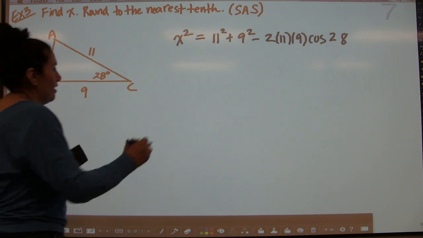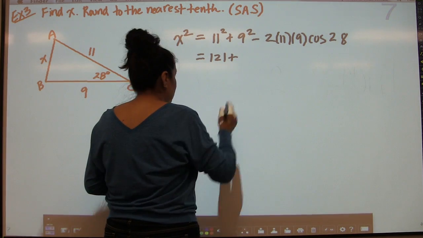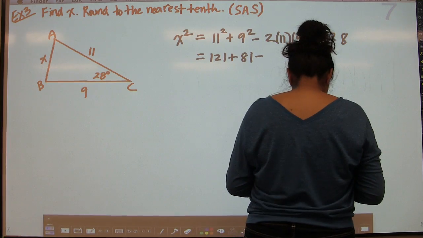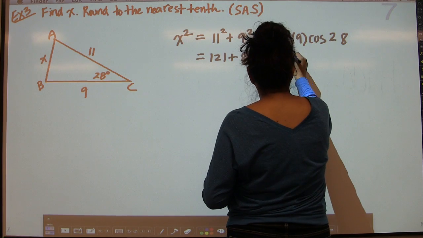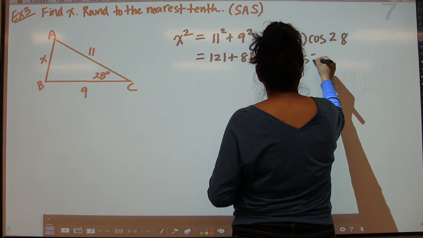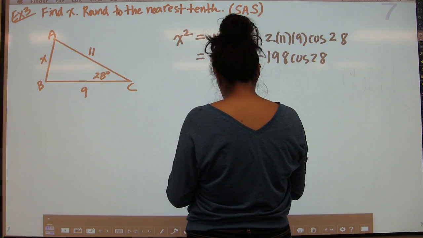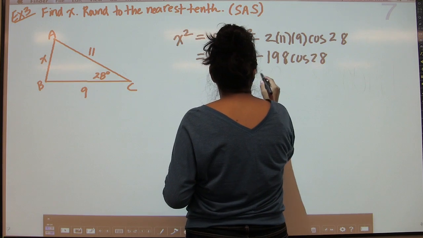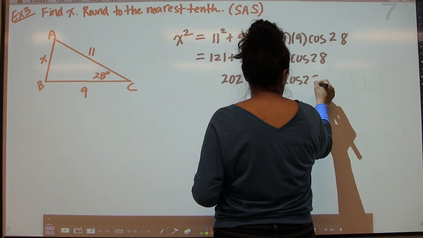So 11 squared is 121. 9 squared is 81. 2 times 11 times 9 happens to be 198 cosine of 28. And then you want to take 121 plus 81, which gives you 202, minus 198 cosine 28.